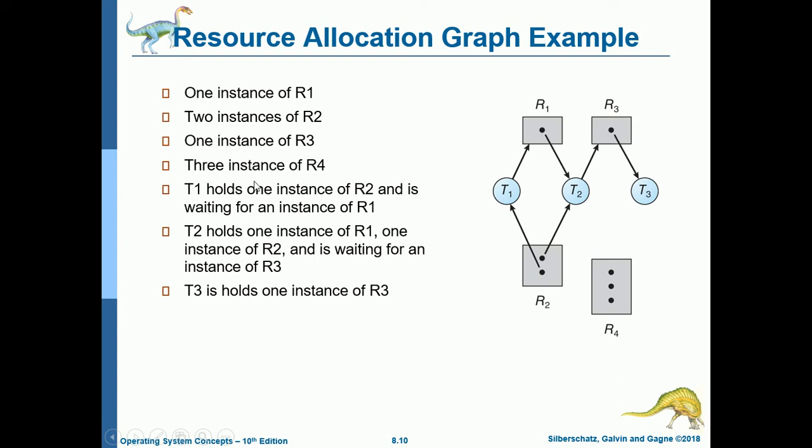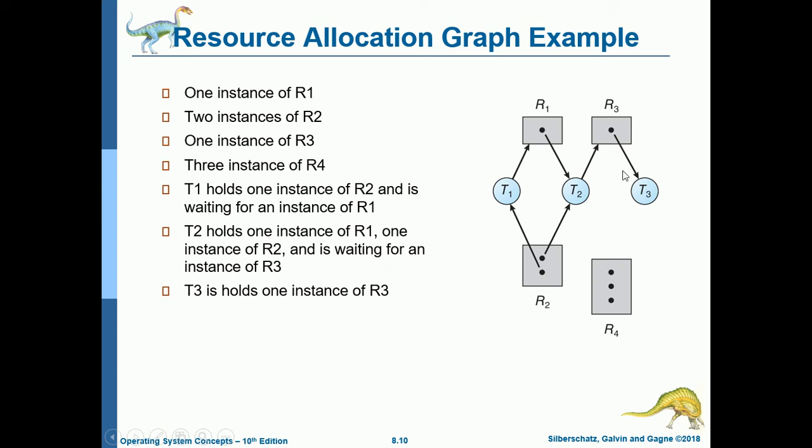And then three instances of R4. This T here is a thread; sometimes it is a process and sometimes it can be a thread, that's why it is T sub 1. As you can see, for resource 4, no thread is requesting its resources.